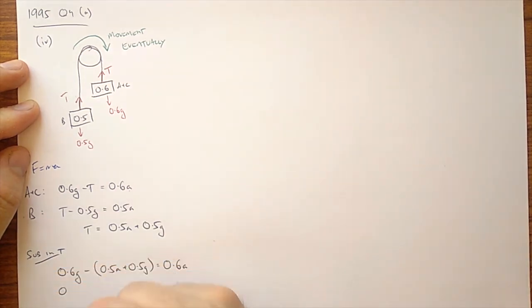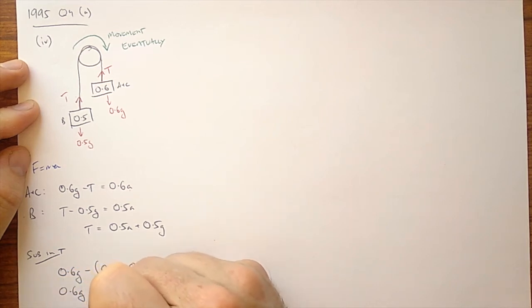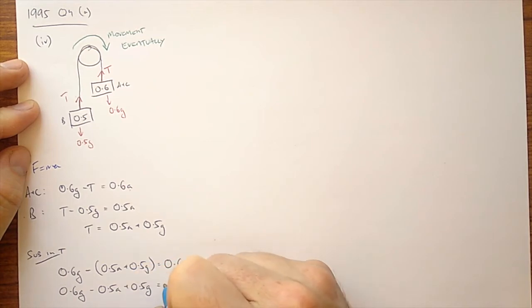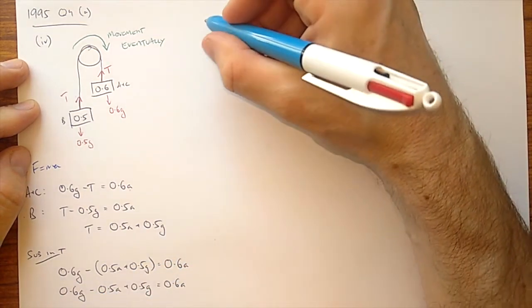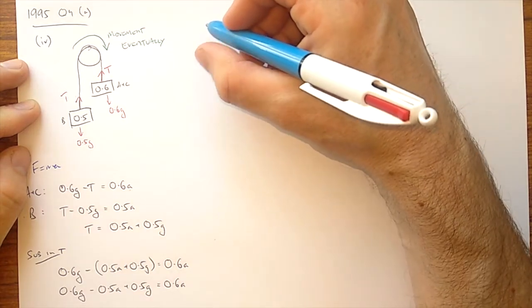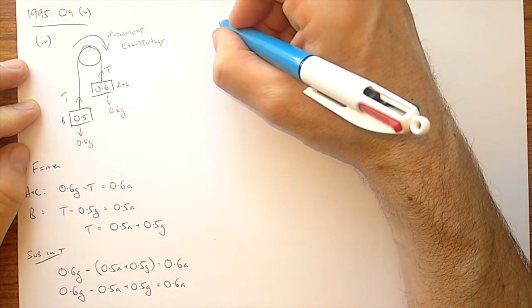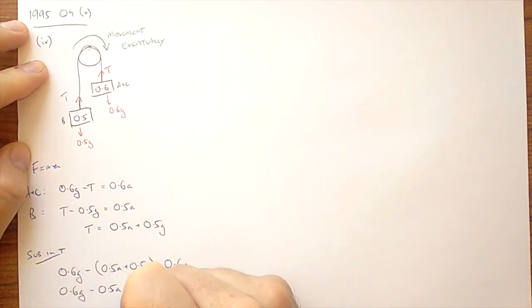Alright, a little bit of housekeeping. I'll fit this one on the page, 0.6g. Okay, I'm going to have to come up here to tidy. So we are going to end up with 1.1g on this side. Ooh, I did look at that.